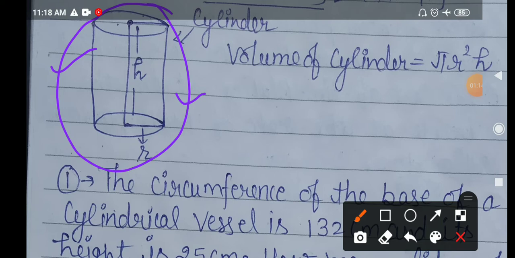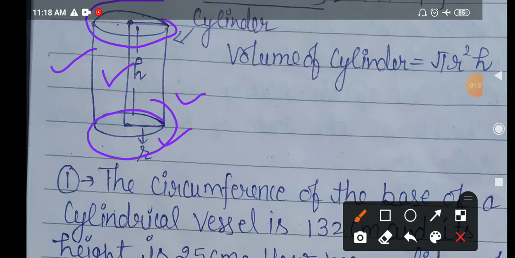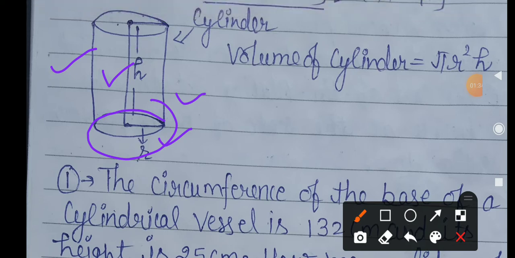A cylinder has a radius and also a height. The radius is at the base and at the top of the cylinder, and the height is in the form of a line. By these dimensions you have to calculate the volume of a cylinder.